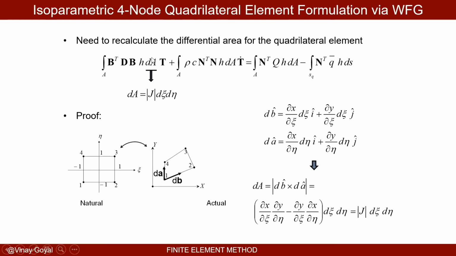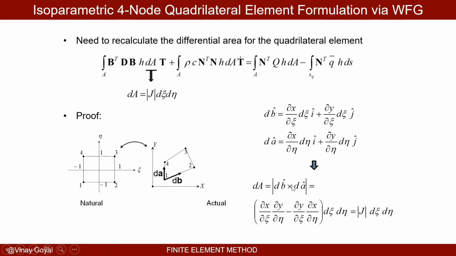Let's look at dA here. This dA here is really, this is my quadrilateral. So I have a vector here, dA, dB. The cross product of that gives me the area. You can show that dB hat is this and dA hat is this in this coordinate system.